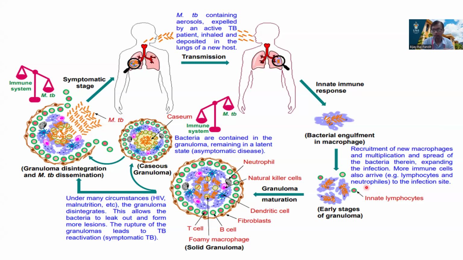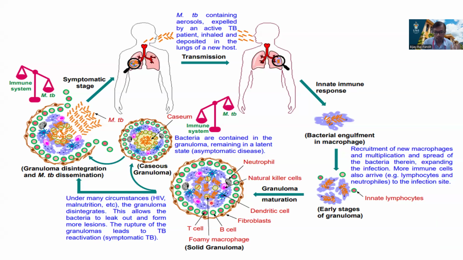They mesh together to form the granuloma. The process of granuloma formation is initiated. The macrophage that contains the trapped tubercle bacilli becomes foamy, and it is surrounded by the different immunological cells to form a special solid structure known as the granuloma.